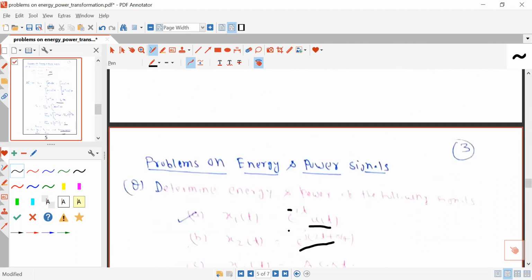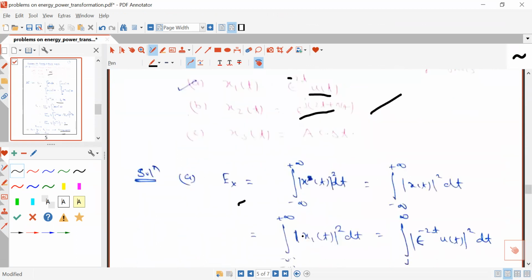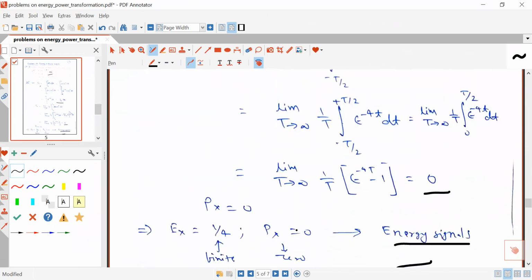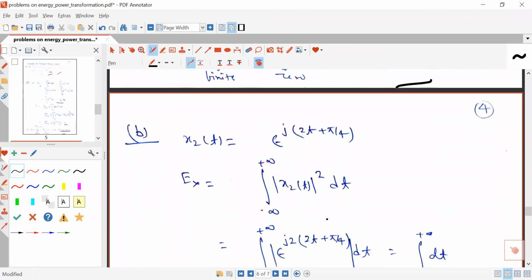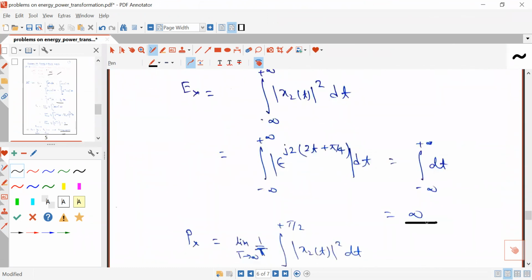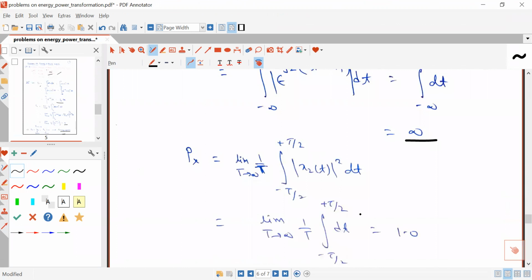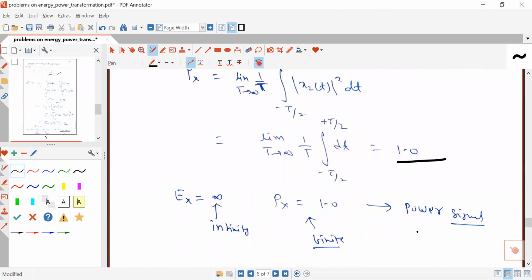This problem is also solved in this PDF file. You can see here you are getting an infinite value of energy but a unit value of power. So this signal is a power signal. In this way, not only can you calculate energy and power, but you can also decide whether the signal is an energy signal or a power signal.